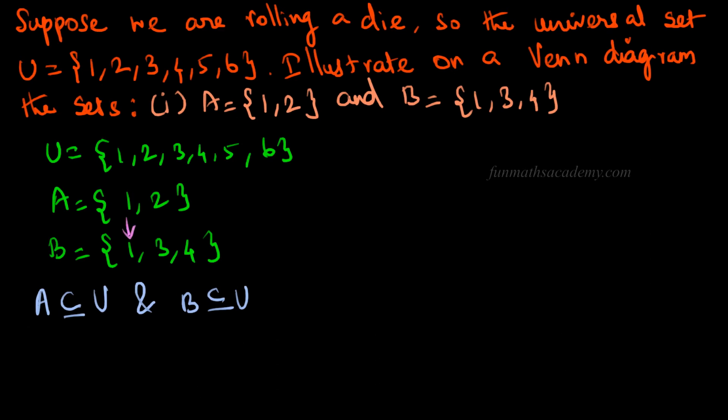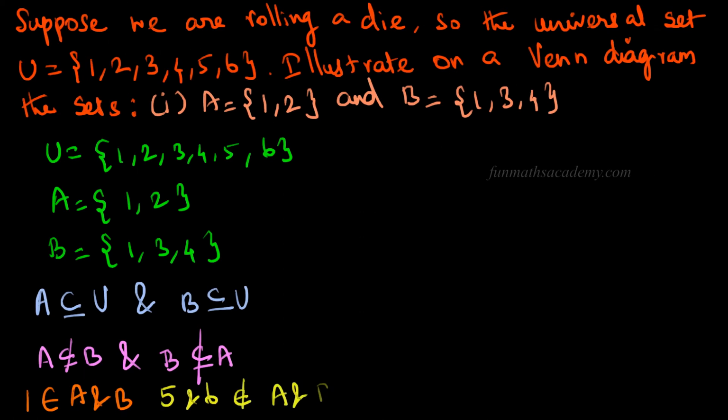The elements 1 and 2 which are in set A are not in set B, and by definition, A can be a subset of B only if every element of set A is in set B. So from that we see that A is not a subset of B. In the same way, B cannot be a subset of A because both set A and set B have only one common element, that is 1. Also, elements which are not in set A and set B are in the universal set U.